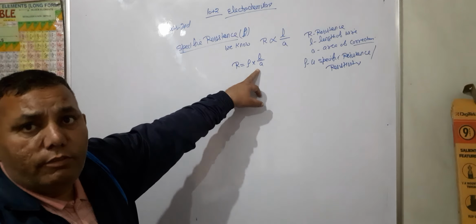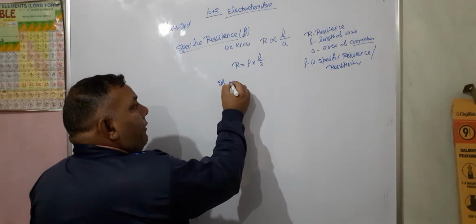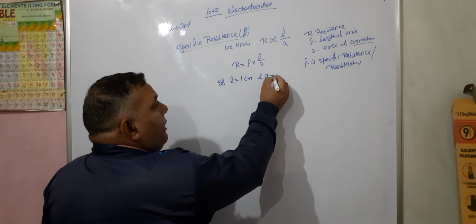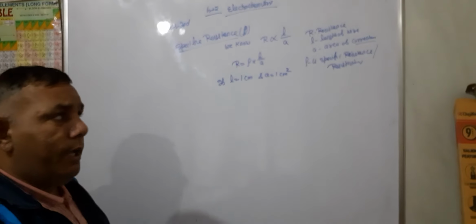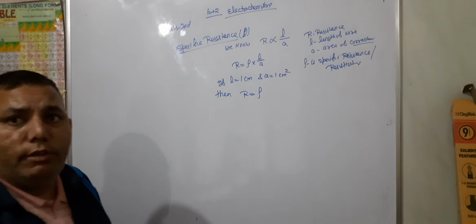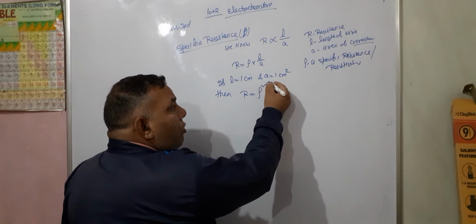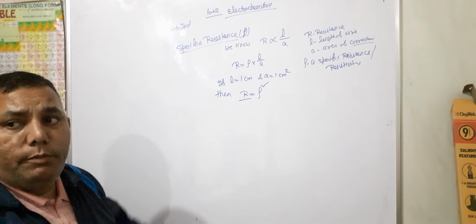If L is equal to 1 centimeter and A is equal to 1 centimeter square, then R will be equal to rho, and we have to define rho in terms of R. Then what will be the definition?